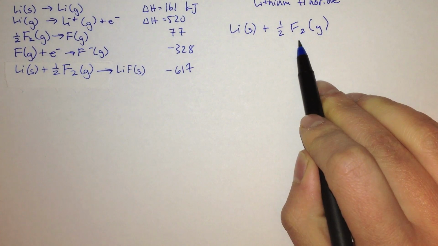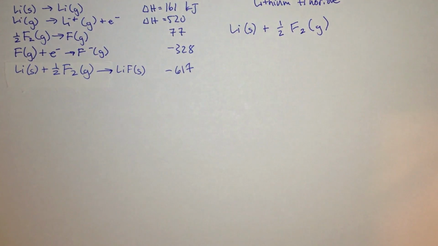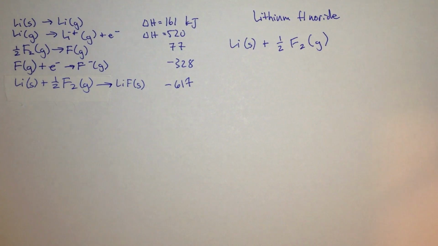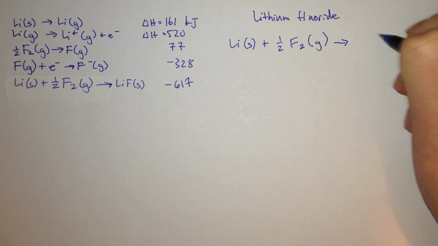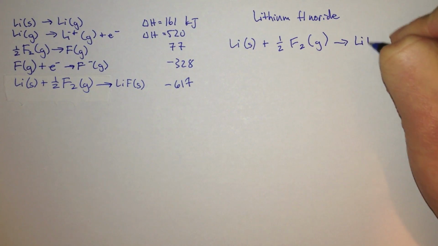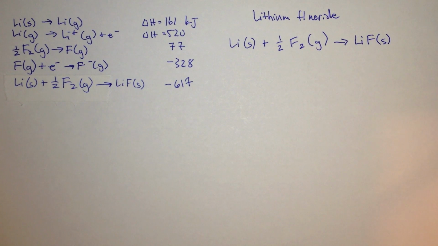And it's F2 because fluorine is a diatomic, which means that it can bond with itself. We use this to create lithium fluoride, and we want it to be a solid. And again, this is another ionic compound with a lattice structure. So we can solve it the same way we solved the previous problem.